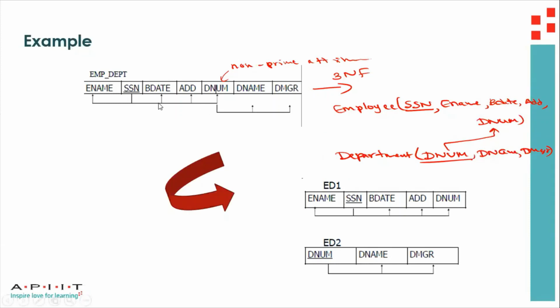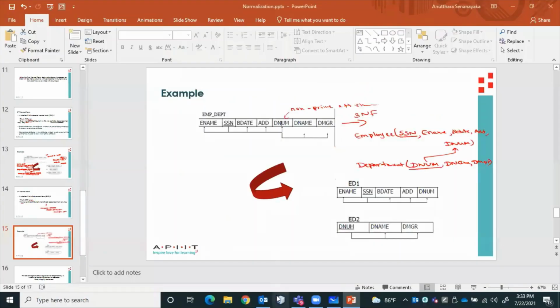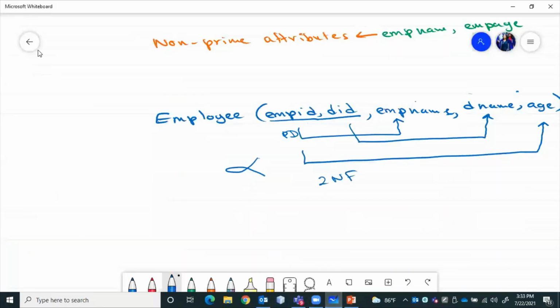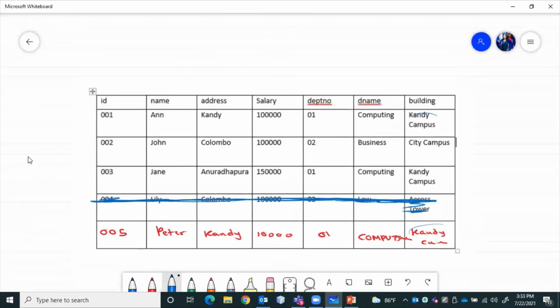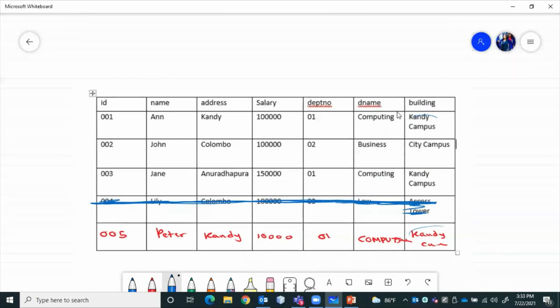If we are using the same table, like the previous example, the lecturer table, if you can remember, there is data redundancy. See, department number, department name, and the building. These two non-prime attributes are depending on this. So we have data redundancy. We can remove the data redundancy, and we have data integrity and data consistency. I have explained this, right? That's the idea.